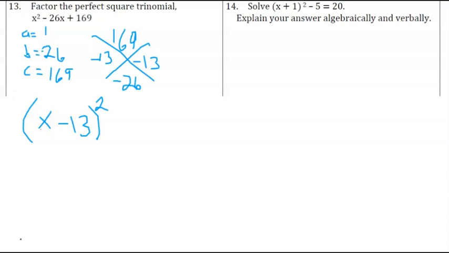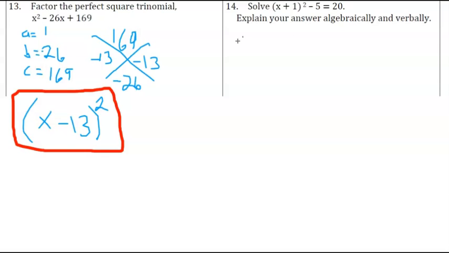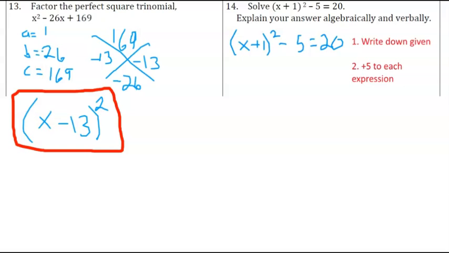And that's it. Solve. So number 14, solve x plus 1 squared minus 5 equals 20. You will explain your answer both algebraically and verbally. So the first thing we want to do is just write out our given equation. From there, we'll add 5 to each expression.